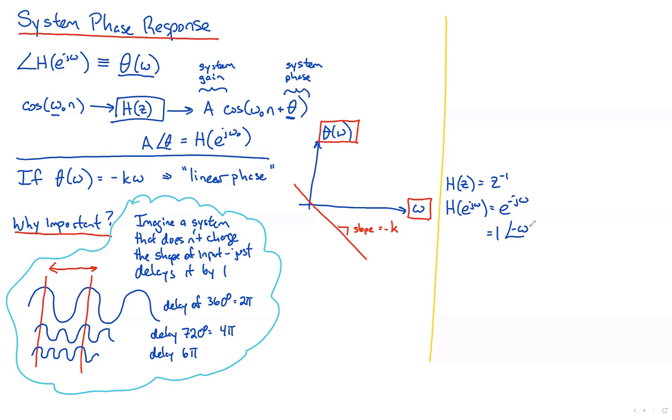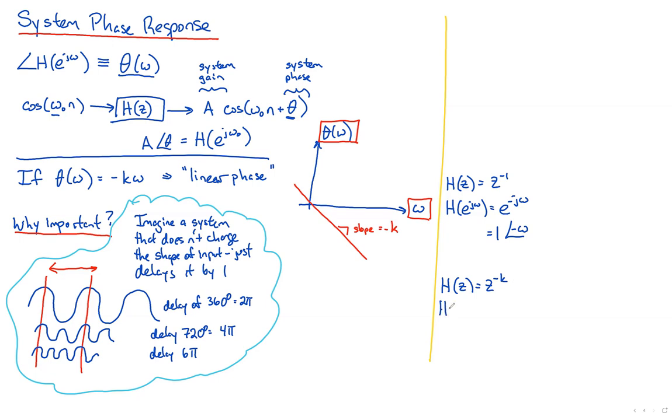And so there you have your system that has a linear phase response if it keeps the shape of the input unchanged, but just delays it by some amount. In this particular example, I had it delaying by 1, but in general, a delay of any amount would be this. Now it will delay our input signal by k units to the output signal.